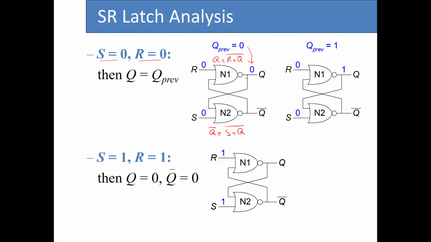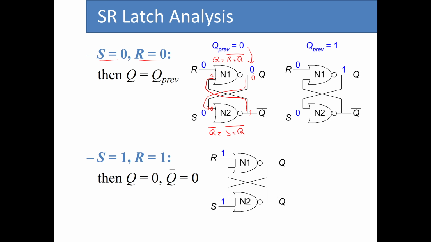When Q is 0, this signal is going to be delivered to this input. So we have 0, 0 as the two inputs of this NOR gate. So 0 NOR 0 is going to be 1. Now we have this 1 delivered as the input to the first NOR gate, and 0 NOR 1 equals 0.